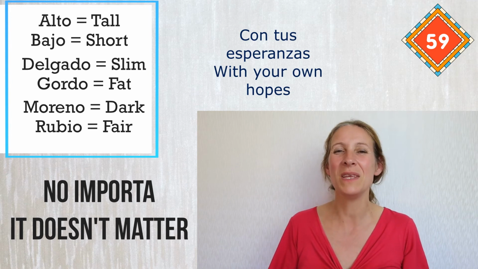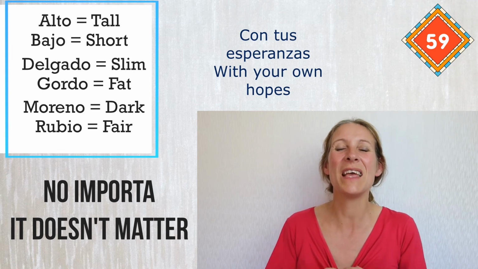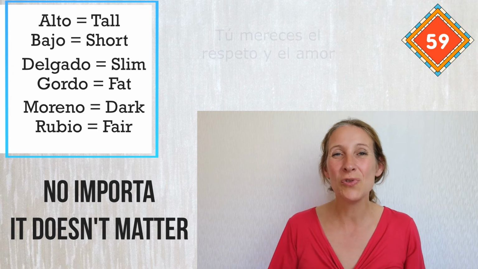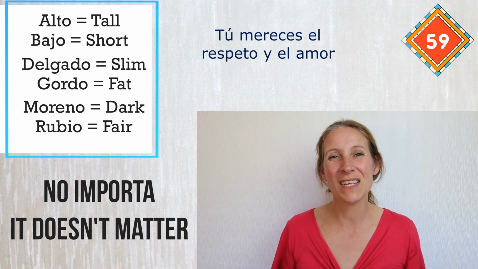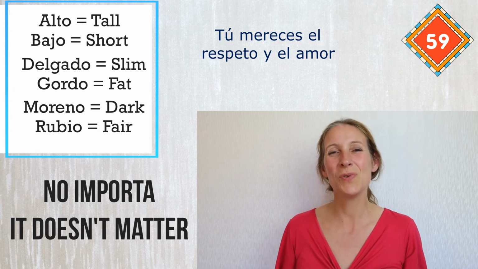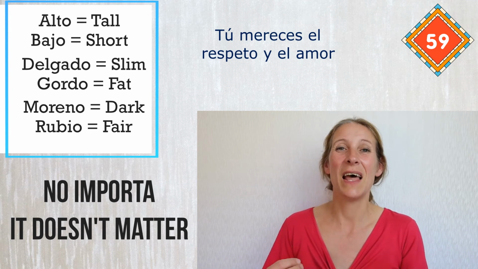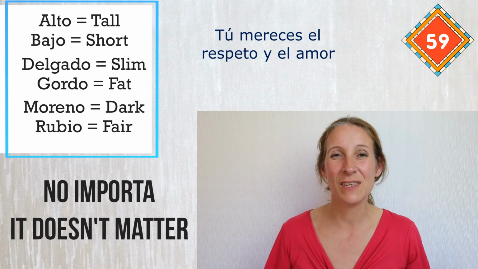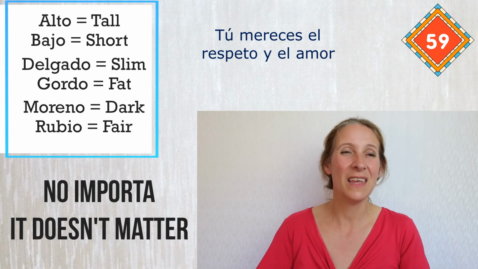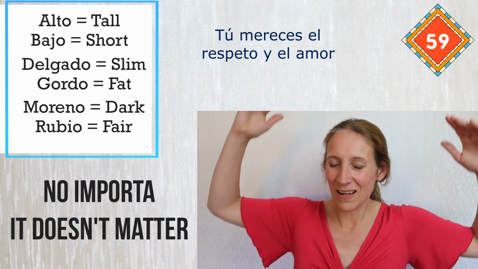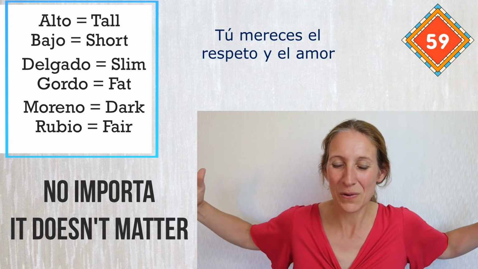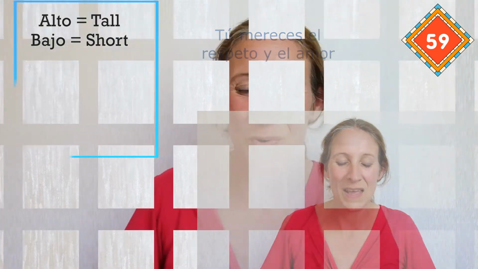That's a lovely word, it means hopes. Con tus esperanzas. Y tú mereces, that's another lovely word, mereces means you deserve. Tú mereces el amor y el respeto y el color y alto, bajo, gordo, flaco, no importa.